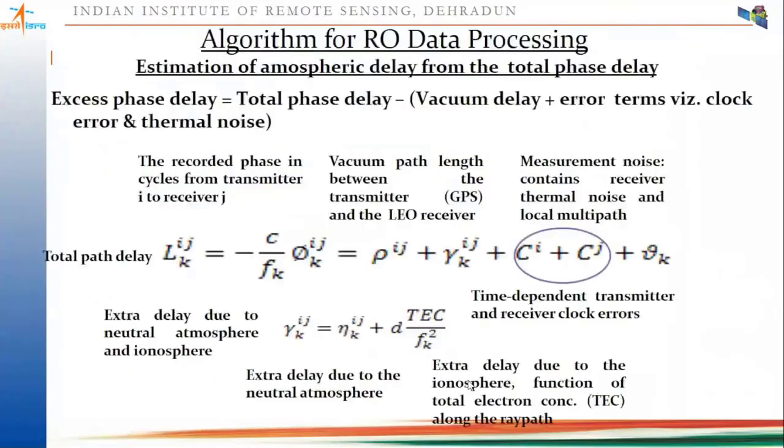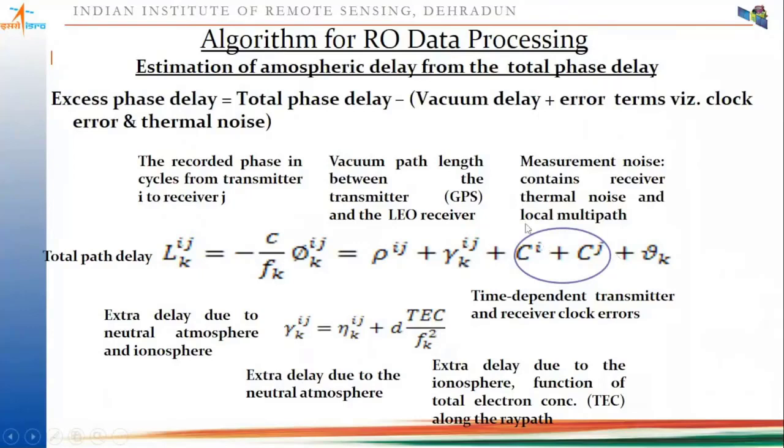Here we find the total path delay L_IJK. IJ represents the GPS satellite to the receiver. The receiver is J, and the GPS satellite transmitter is I. It is a combination of rho IJ and gamma Y IJ, plus C_I plus C_J.